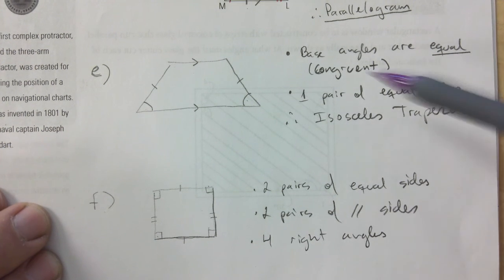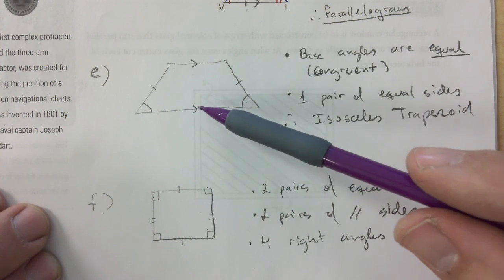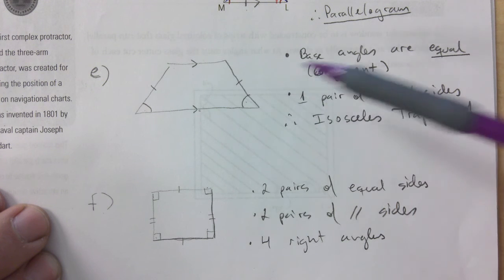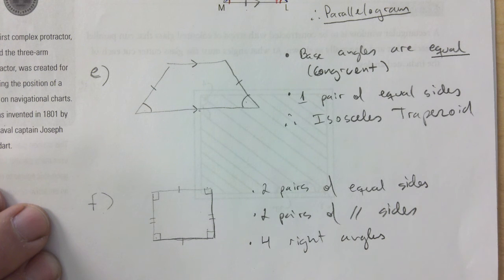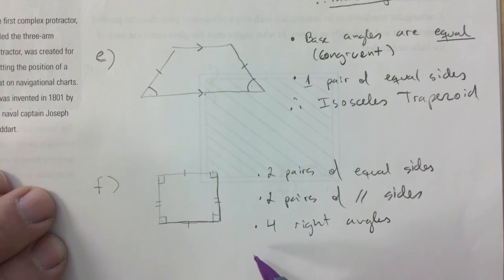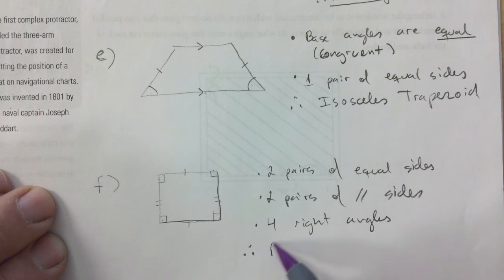Okay. At the top here, by the way, you could have still mentioned that it's one pair of parallel sides, no problem, but I'm only asking you to state two things, right? Therefore, rectangle.